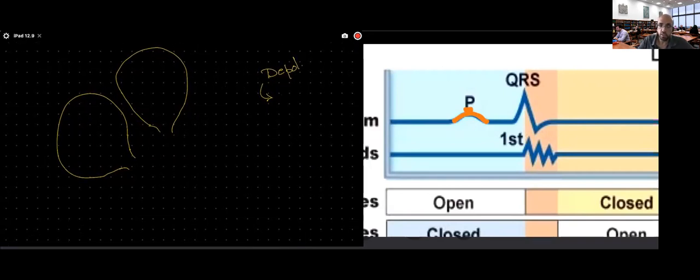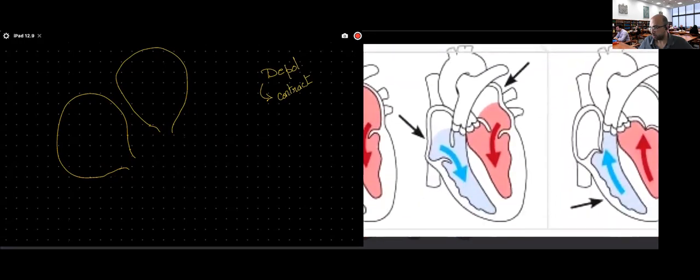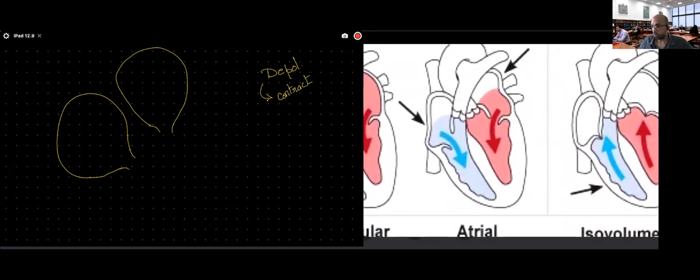I will contract. So this depolarization of the atria will be followed by atrial contraction.